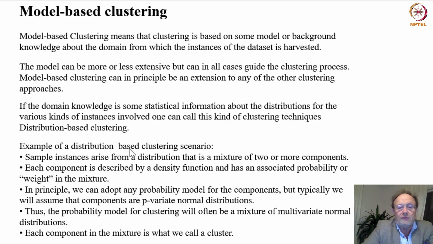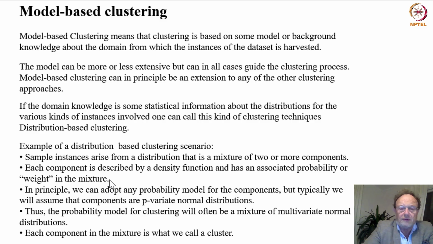An example of a distribution-based clustering scenario is where you have sample instances that arise from a distribution that is a mixture of two or more components. Two components here means, of course, two types of instances. Each type of instance is derived from a density function and an associated probability or weight in the mixture.